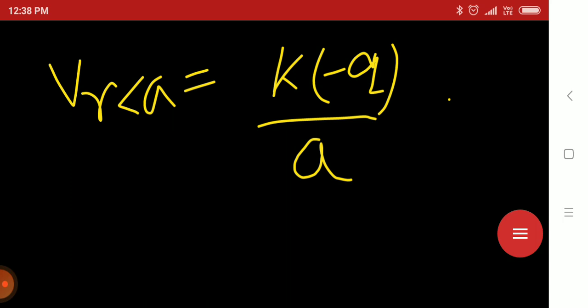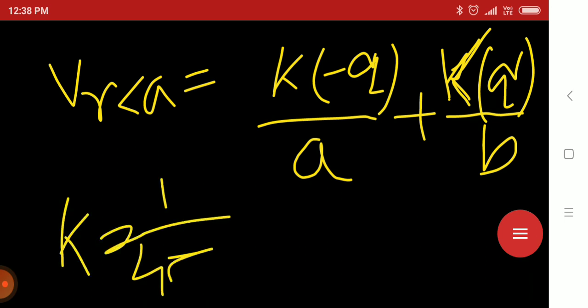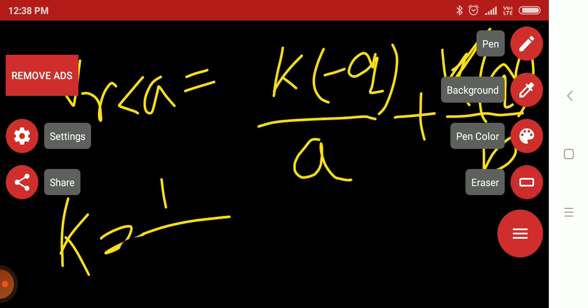So there you have to also take B radius, and the charge is plus q at the surface of radius B. And what is the k here? K equals 1 by 4 pi epsilon naught.